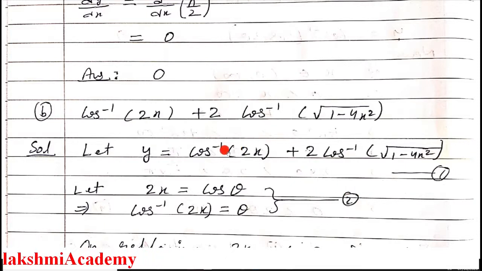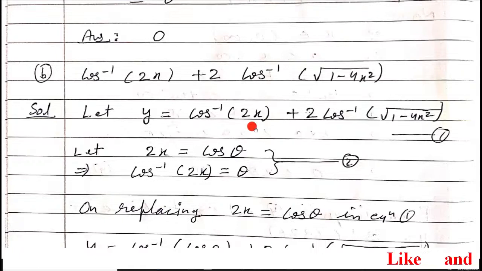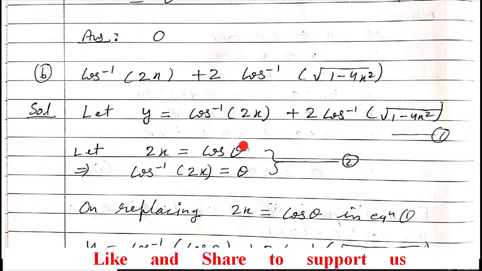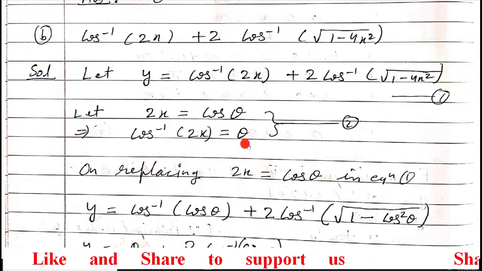Now here, since there is cos inverse here and cos inverse here also, take 2x as cos theta. Here you have to take care that the complete 2x we have to assume as cos theta. So cos will be removed, and it's going to be cos inverse 2x is equal to theta. Now we do the replacement in equation first.